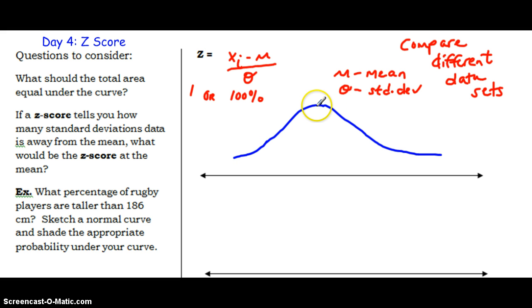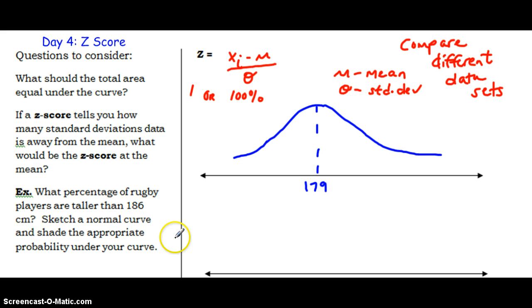And our mean, remember, is the average, so it's right in the center of our data. Remember from our day 3 notes, this is the same data set we're talking about. Our mean was 179.